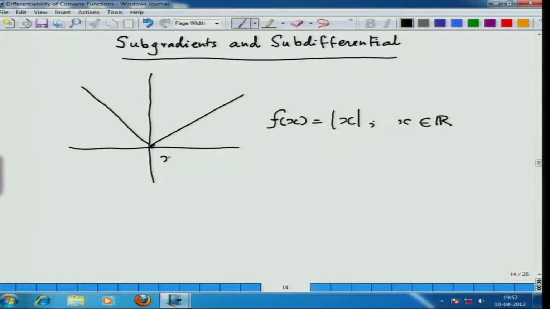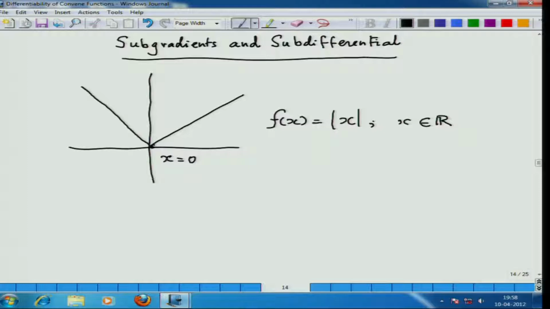At x = 0 the function possesses a minimum, while you also know from very simple calculus that it does not possess a derivative at x = 0. When you approach from one side the derivative is minus 1, and when you approach from the other side it is plus 1. So the left and right derivatives are different, the left derivative being minus 1 and the right derivative being plus 1. So the derivative does not exist.